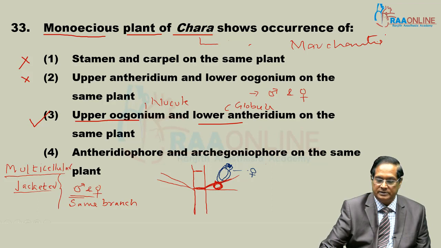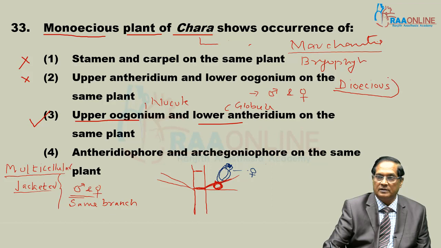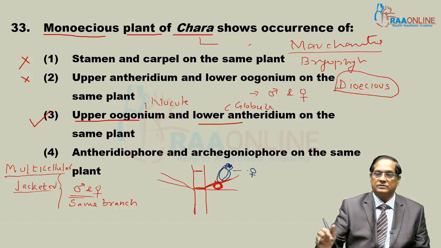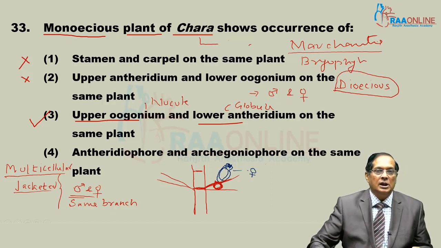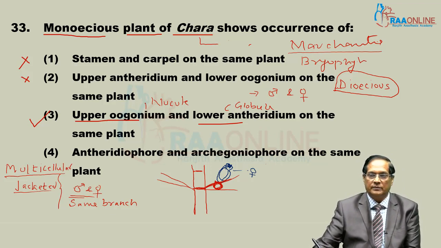It's a bryophyte, Hepaticopsida. And Marchantia is dioecious. This is the question actually. Dioecious means male and female reproductive structures are on two different plants.